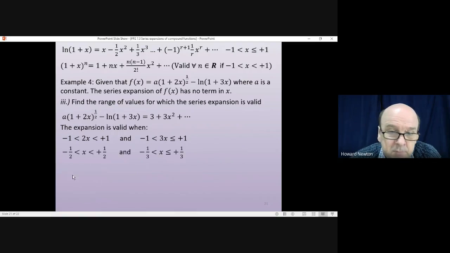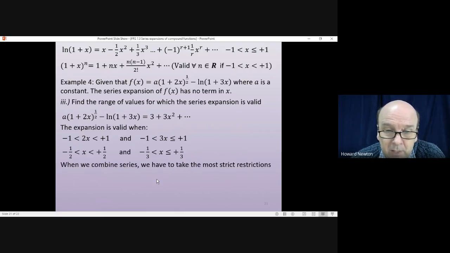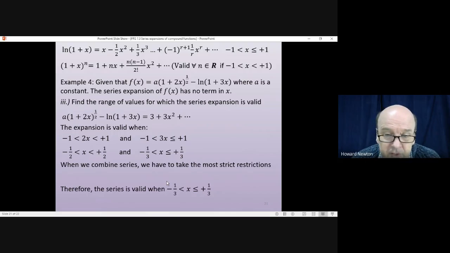Simplifying both of those, that means it's valid if x is between minus a half and plus a half. It's valid if x is between minus a third and plus a third. Now, when we combine series, what we have to do is take the most strict of the restrictions, because the most strict restriction will work for both. And in this case, the most strict of the restrictions is between minus a third and plus a third. So the series is valid if x is bigger than minus a third and less than or equal to plus a third.